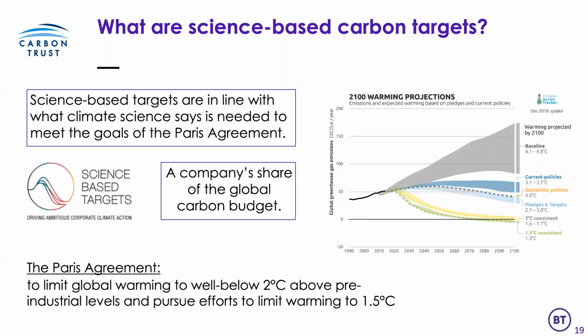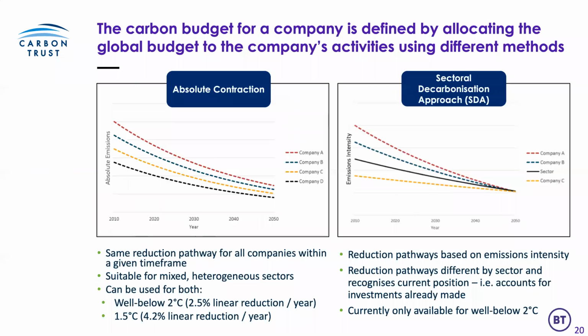So a science-based target is following those trajectories, and basically it's saying for a company, that's the proportion that I need to follow. So the next slide shows us the methodologies that the Science-Based Target Initiative have developed, which basically make that translation from what's needed globally to what's needed at a company level.